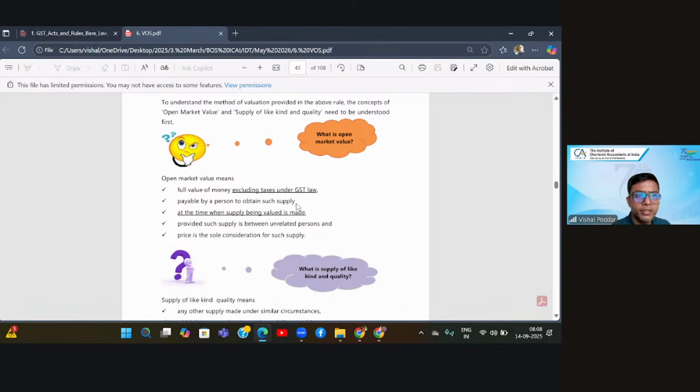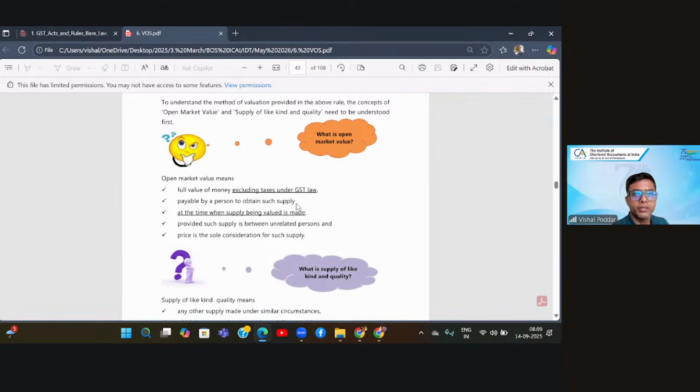It is not the fair market value. I am using another term. It is the true and complete value of the service which I have given to you. And obviously, the value is before GST because GST will be added later on.